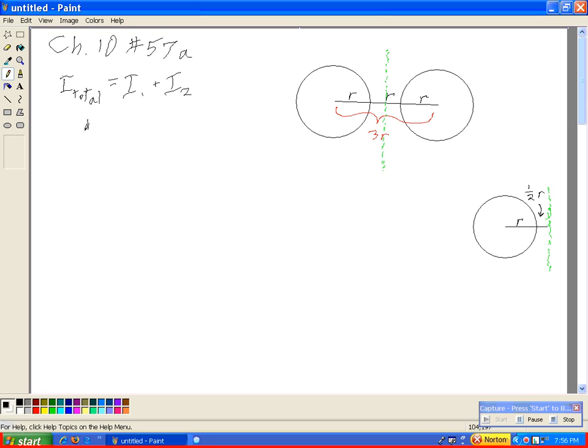And since inertia 1 equals inertia 2, the total inertia will be 2I of whatever this is. Okay.